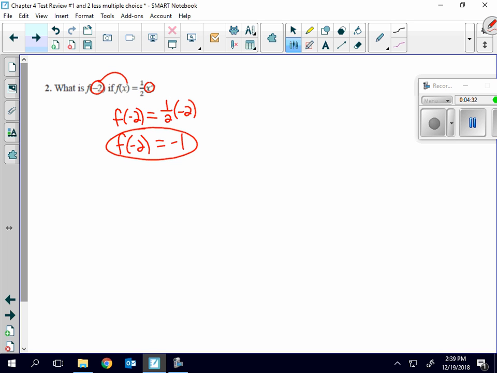Okay, you can write it like that. I saw some people on the other quizzes writing out the x and the y. So if you write it as an ordered pair, you know the x is what you plugged in, which was -2, and the y, which is what you got out, was a -1. Either one of those answers is fine.